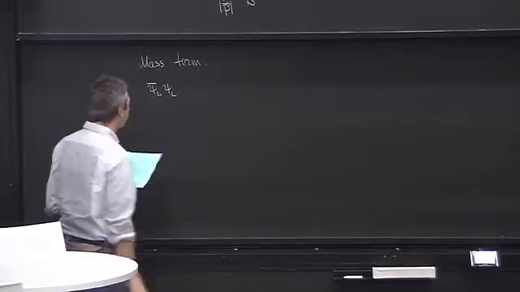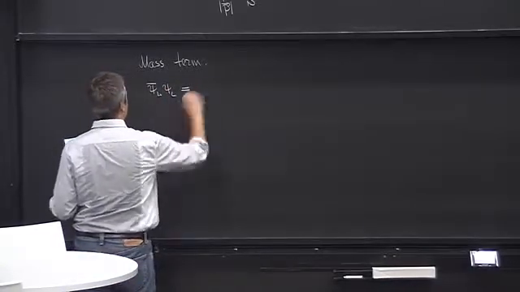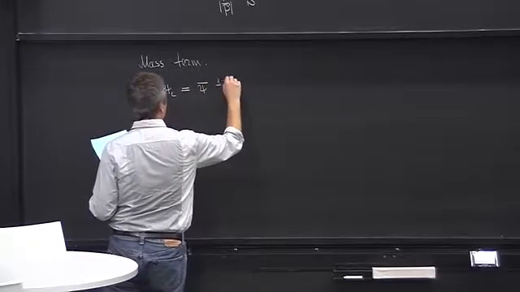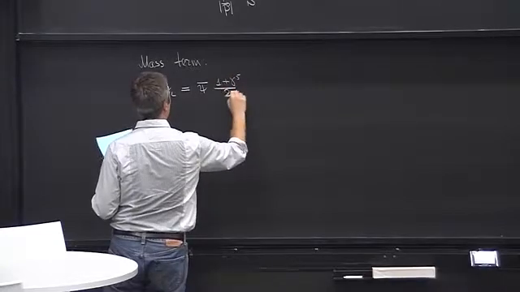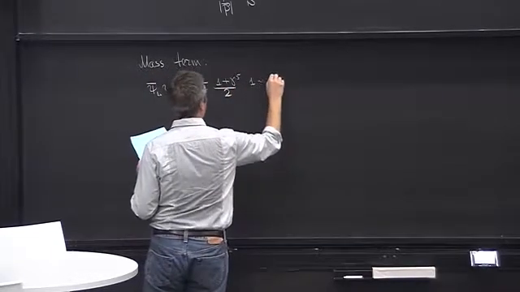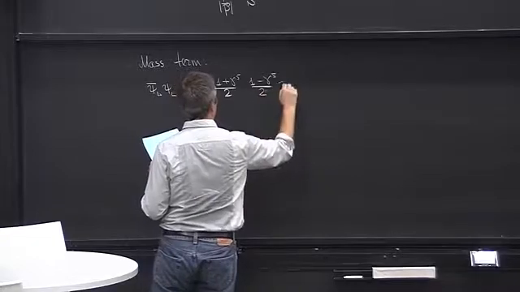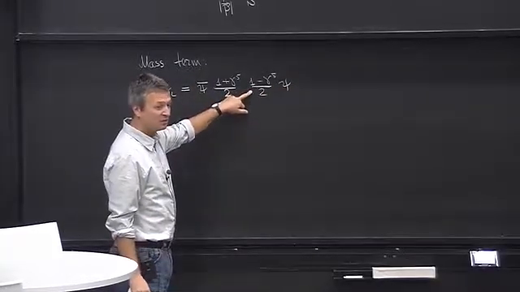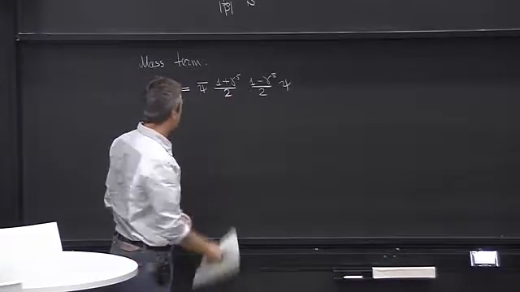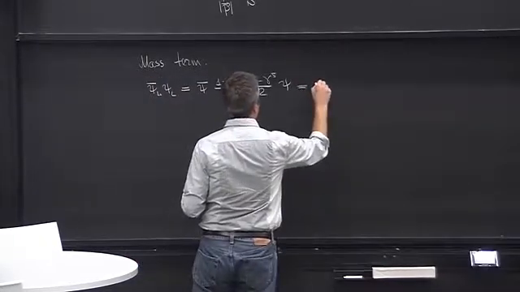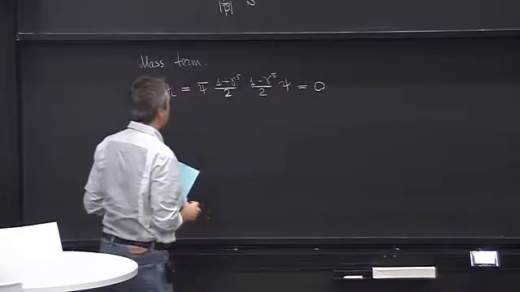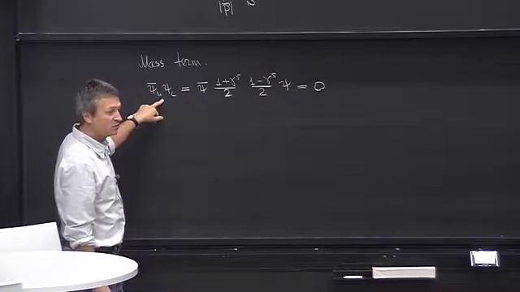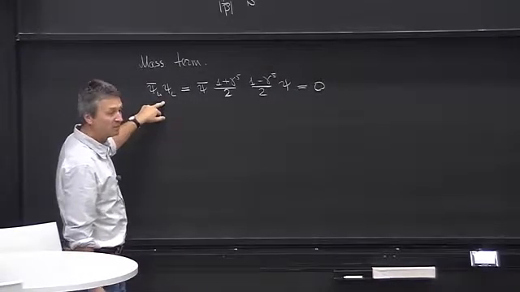So this would be psi bar (1 plus gamma 5) over 2, (1 minus gamma 5) over 2 psi. And you see that here we have orthogonal projectors, which then kill each other, and so we get 0. So we cannot add a mass term, at least of this form.